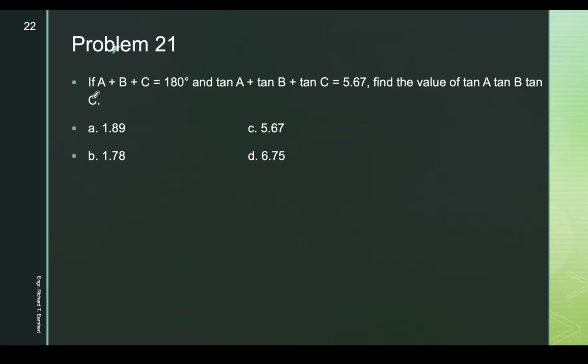So find the value of the product tangent A, tangent B, tangent C. Okay, so from this equation, no, we get the tangent of both sides. So tangent of A plus B plus C is equal to tangent of 180 degrees.